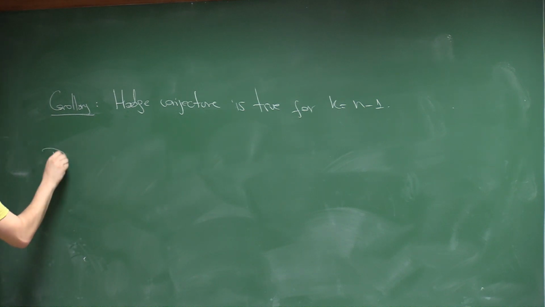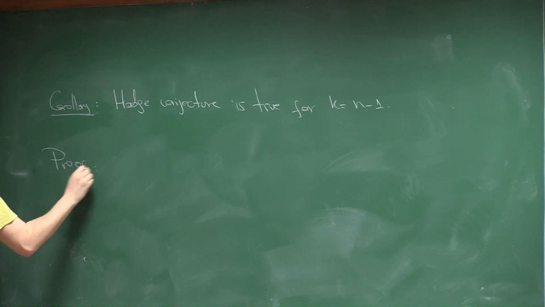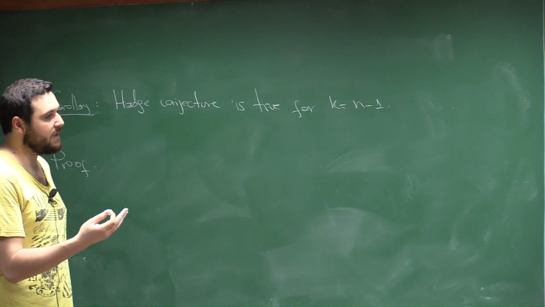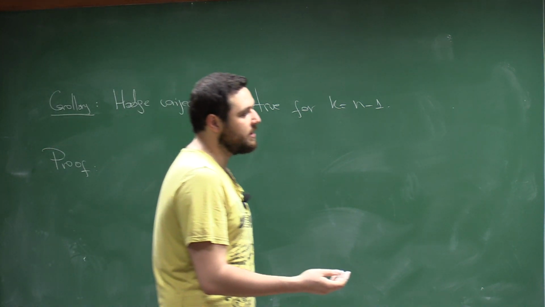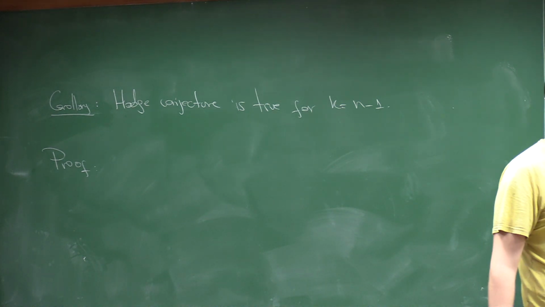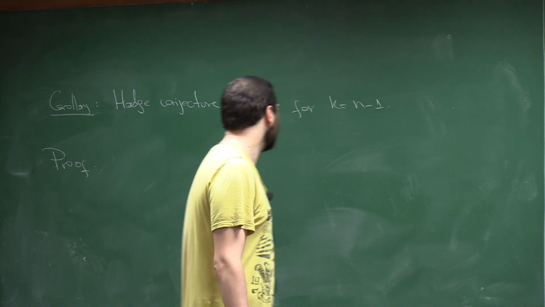So what's the proof? It's quite simple. We have to prove that if we take any Hodge cycle in the second homology group, it has to be algebraic. That's what we have to prove, right?